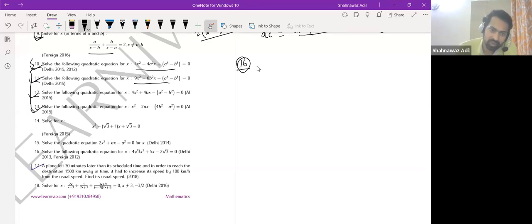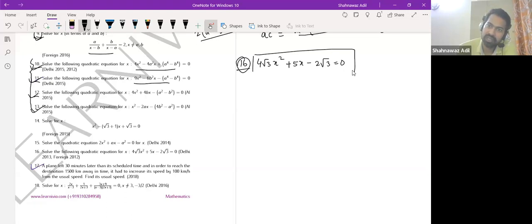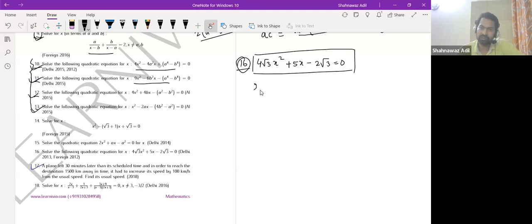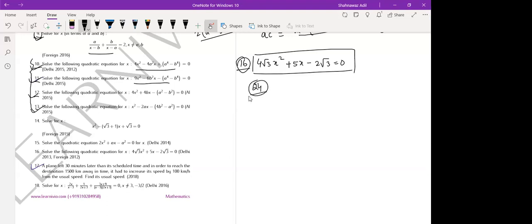So x square minus 4 root 3 x square plus 5x minus 2 root 3 equal to 0. So what is AC, Abir? 4 root 3 into minus 2 root 3, so that is 24. Yes, sir, 8 into 3.